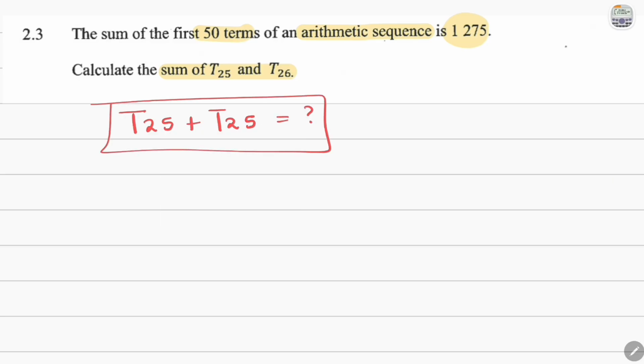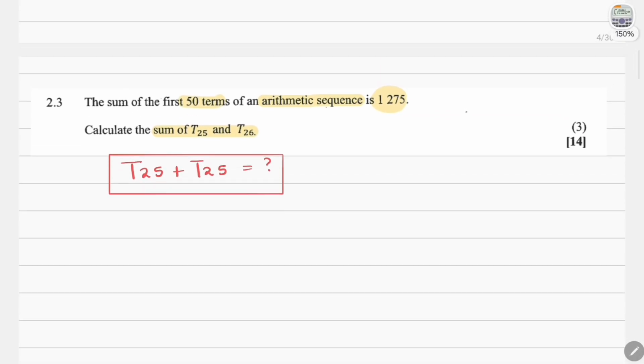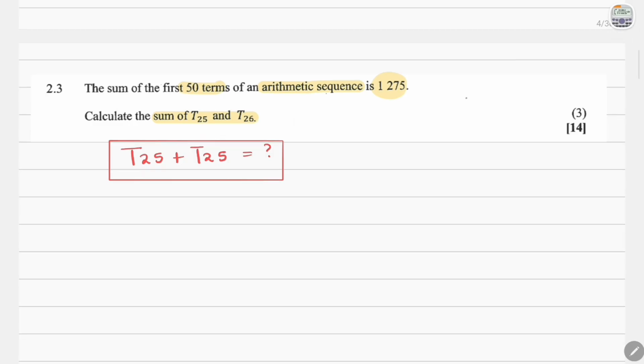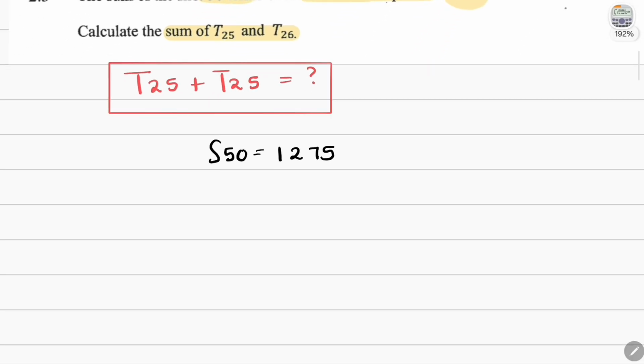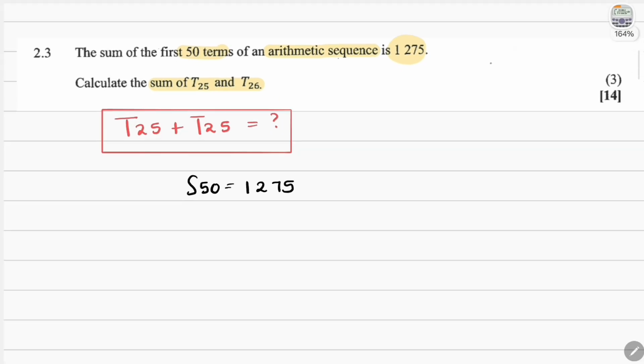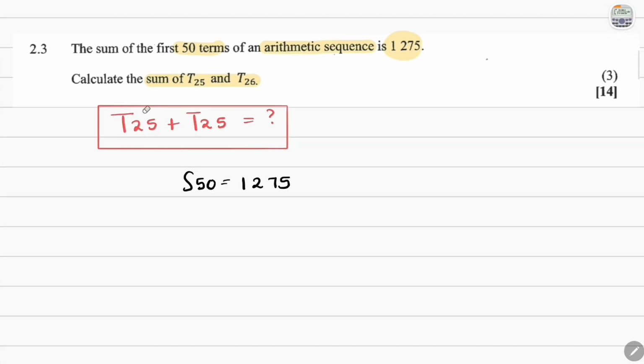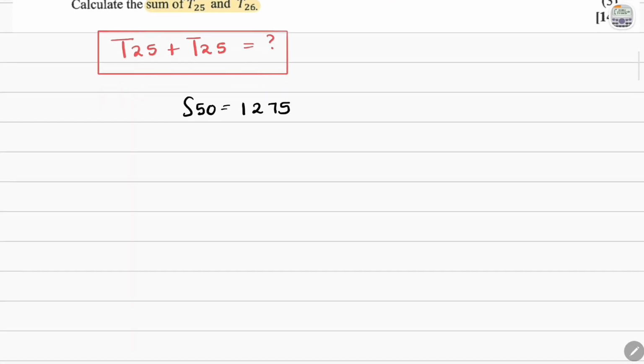Okay, so this is the whole goal. Given this information, the sum of 50 terms, meaning S of 50 equals 1275. And there's not much information they give us here. So what can we do with this?